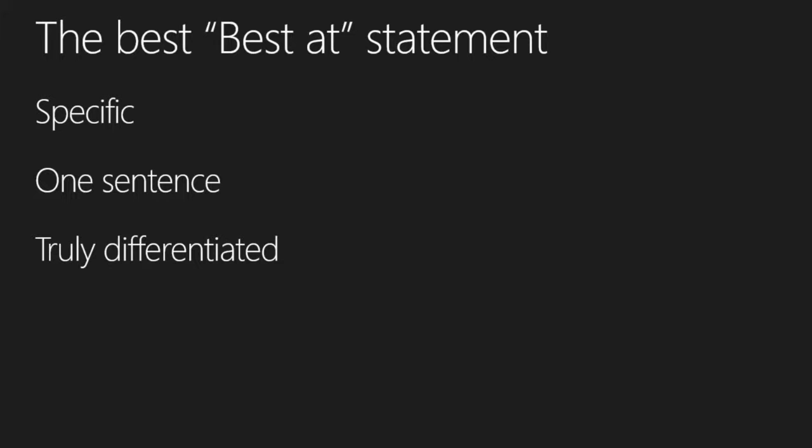If you're writing multiple sentences or creating this really complex best at statement, then you're not really achieving the functional idea of a best at statement. For example, this app is the best app in its category at blank. Here, pretty much all you have to do is fill in the blank with a well thought out statement that of course is one sentence, specific, and truly differentiated.